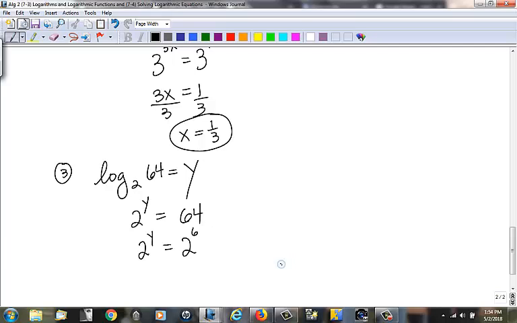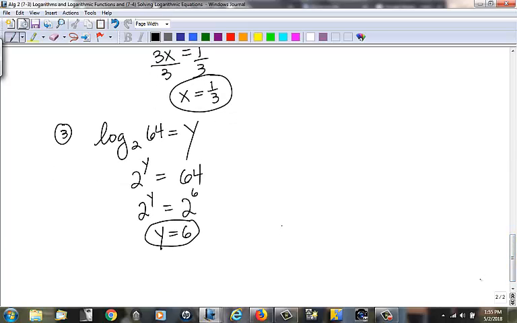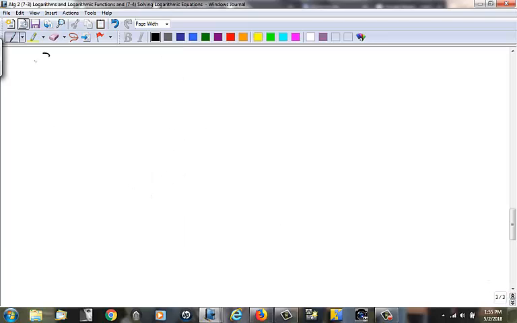So yeah, 2 to the 6th. The bases are the same, set the exponents equal. So y equals 6. Okay? Okay on that one?